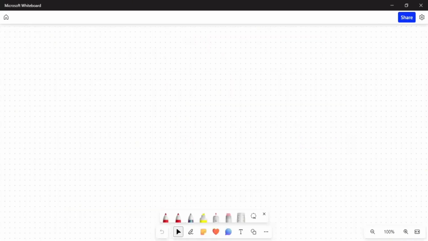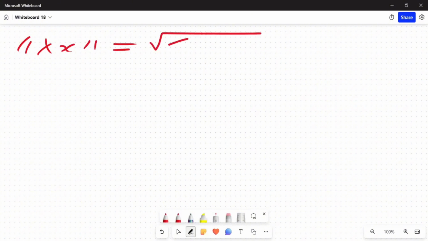We go for N2. For N2, the norm of lambda x, by the way it's defined, is equal to the root of the inner product of lambda x comma lambda x.